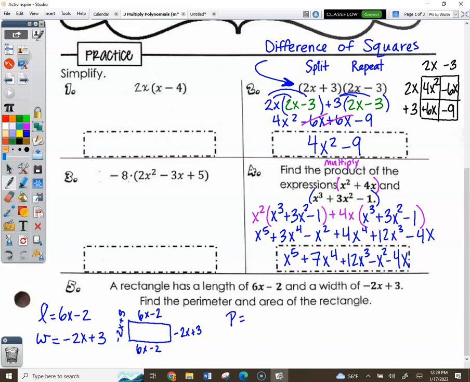There's 2 lengths. And there's how many widths? 2 widths. So that's a shortcut approach. The lengths, there's 2 of them. The widths, there's 2 of them. So you could just double the length, double the width, and then add it, instead of sitting here and adding up all 4 sides. So there's 2 ways to approach that.